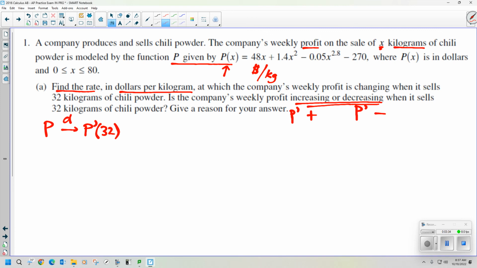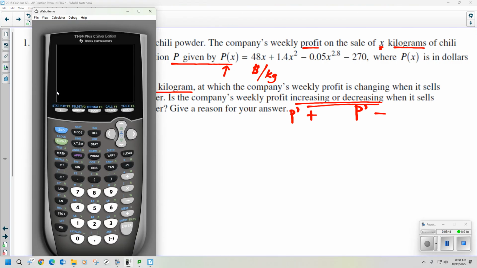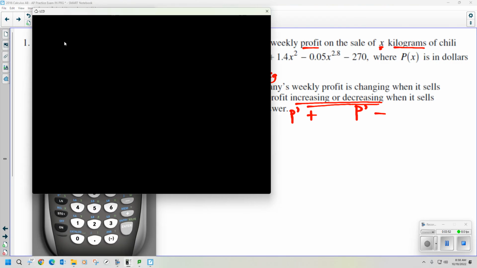So once I find that first derivative at 32, I'm just going to look at the sign. Is it positive or negative? And that's how I'm going to answer that second question. And give your reason, well, we'll just state it nice, short, sweet, and to the point. So let's begin. Oh, calculator, how I love thee.